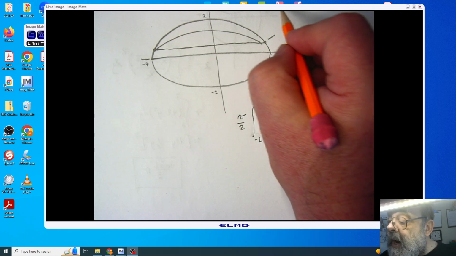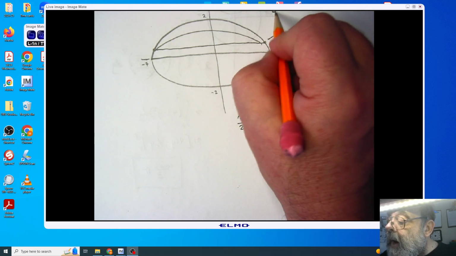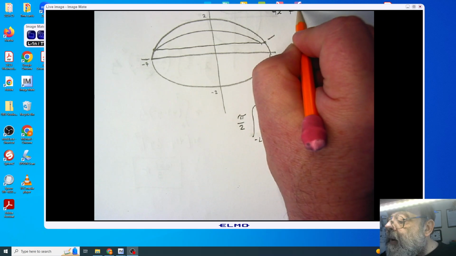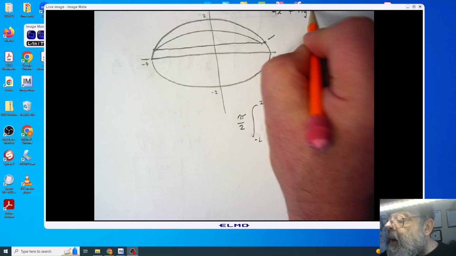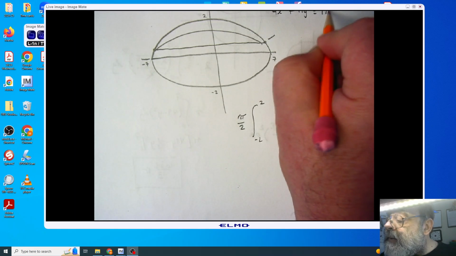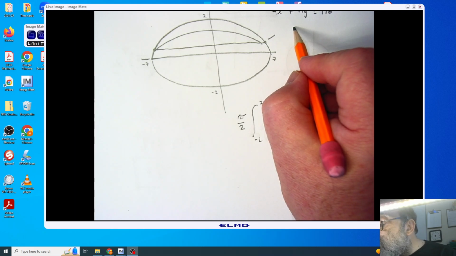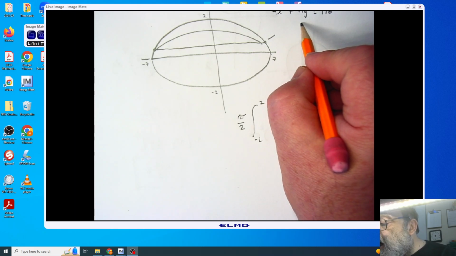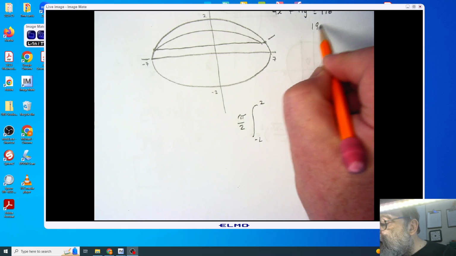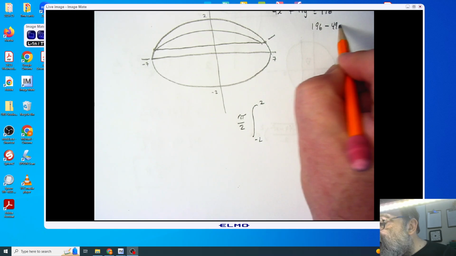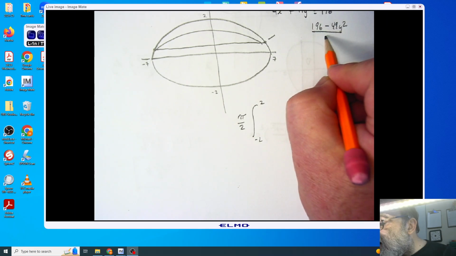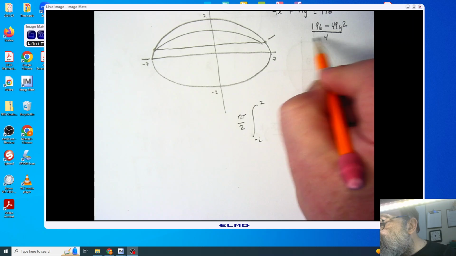That means that I'm going to have 4x squared plus 49y squared equals 196. And I need to get it into an x equals. So I have 196 minus 49y squared divided by 4 to the square root.